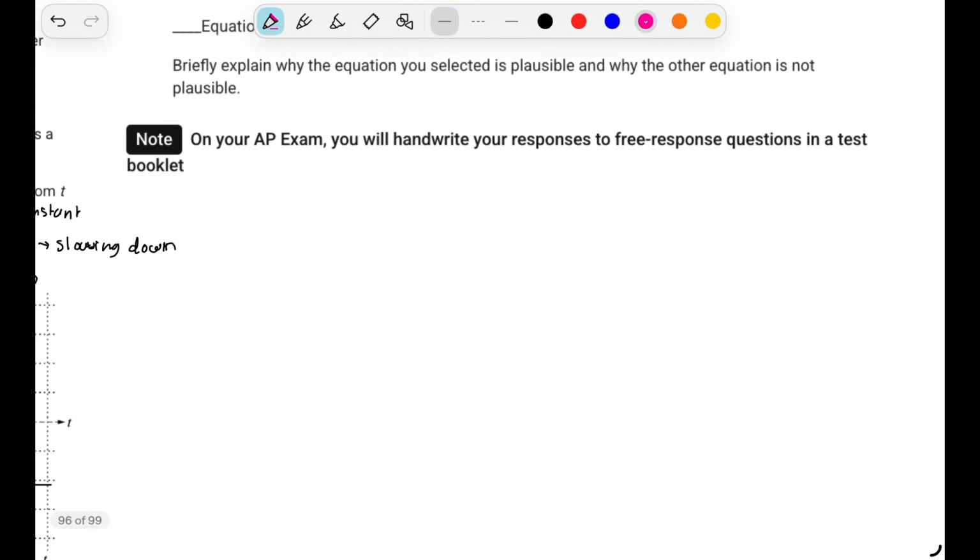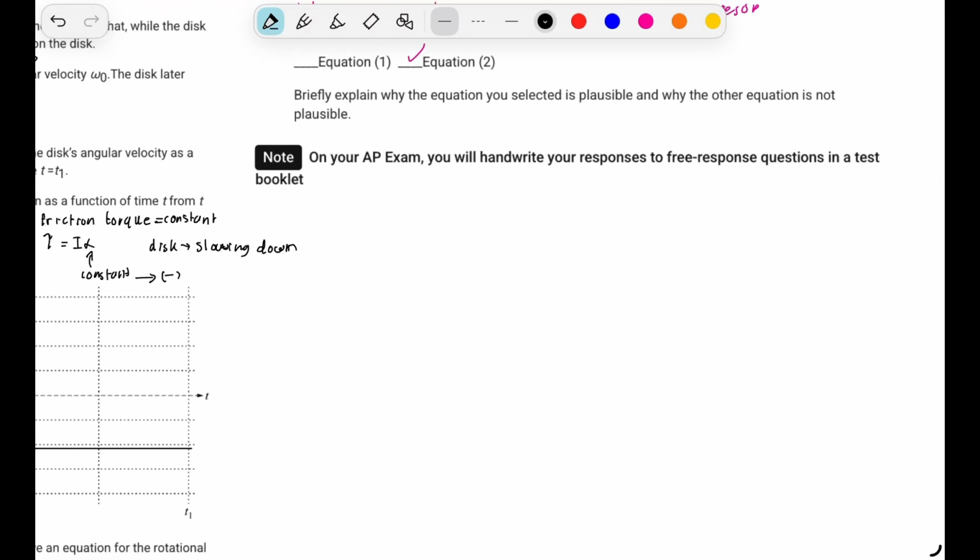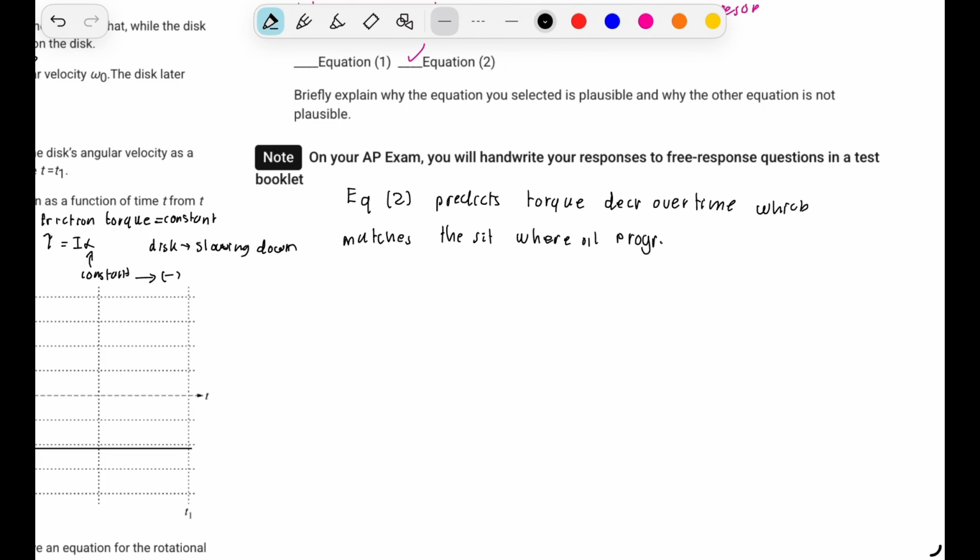The reason why is because equation 2 predicts torque decreases over time, which matches the situation where oil progressively reduces friction.